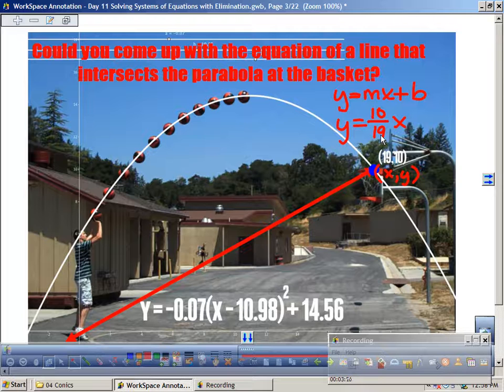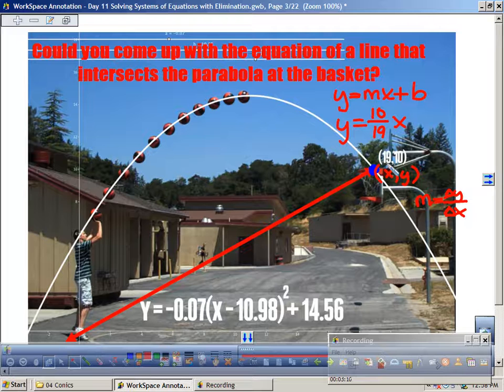How do I know? Because I run 19 and I rise 10 to get to that point right there. Because slope is actually your change in y over your change in x. So I went up 10 and I went over 19. That's the equation of that line.